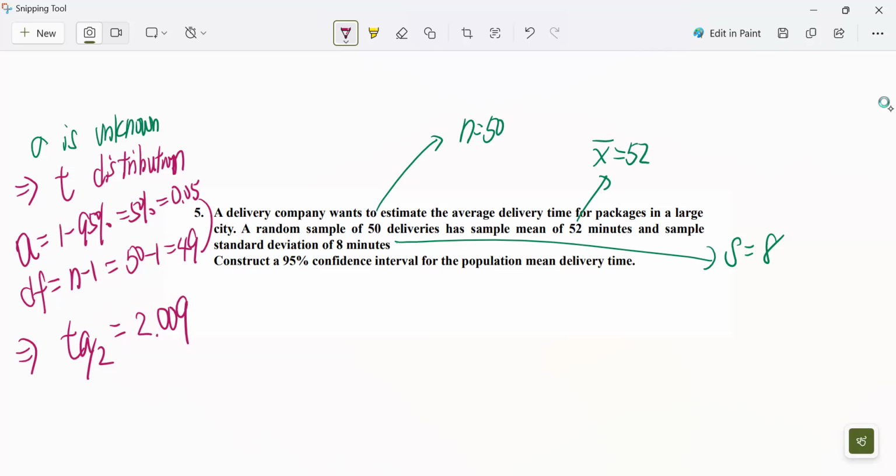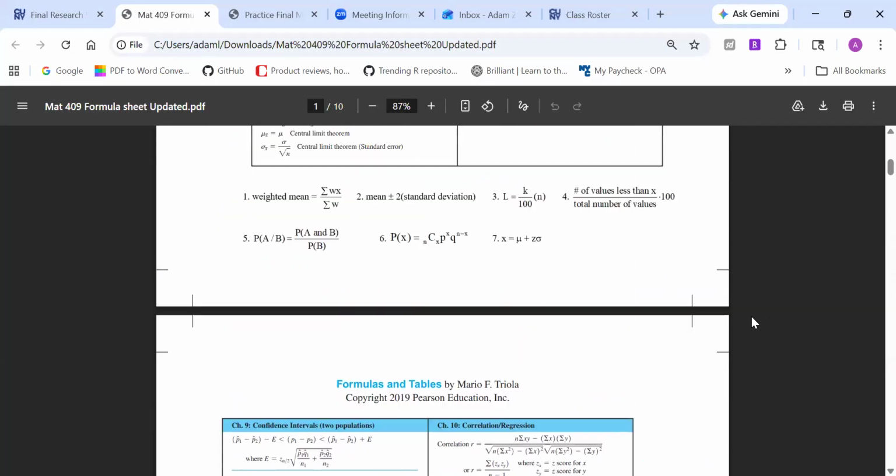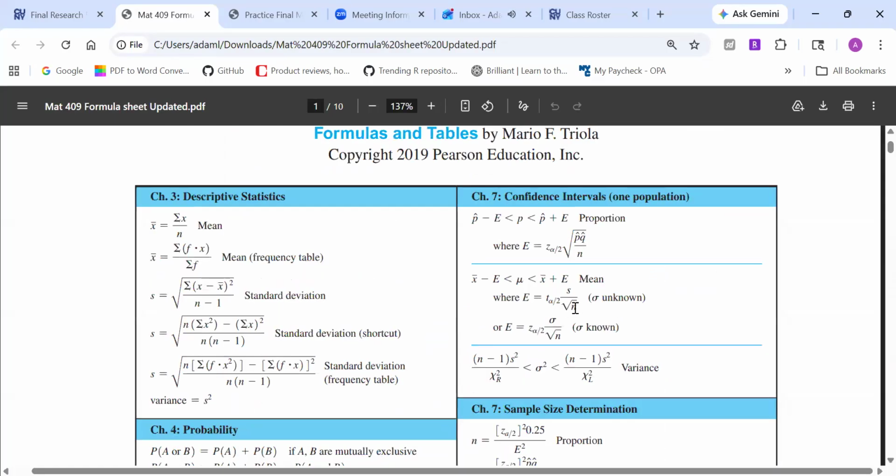And from there, we can find the margin error. Margin error equals critical t-score times sample standard deviation over square root of sample size. You can also look it up in the formula sheet. It's right here, the second one, sigma unknown.